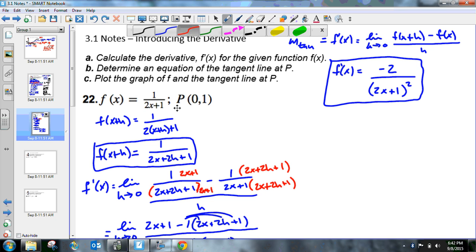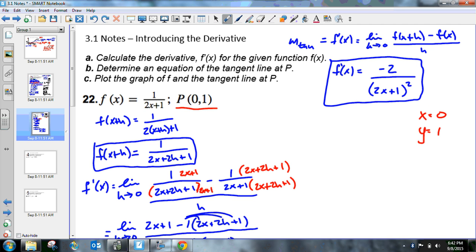I've got to find the equation of the tangent line at 0, 1. So I know that x equals 0 and y is equal to 1. I need to find the slope of my tangent line at this point. The slope of my tangent line is generated by finding f prime of 0, at x equals 0.